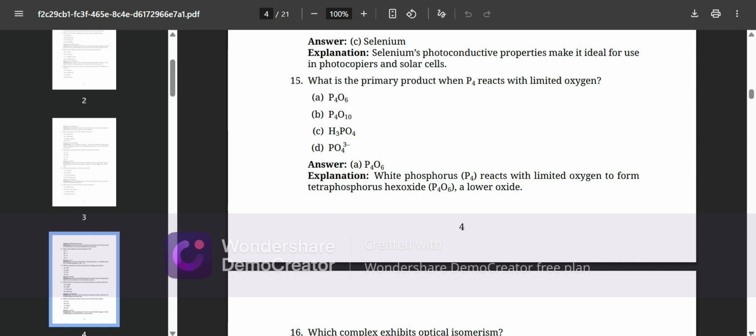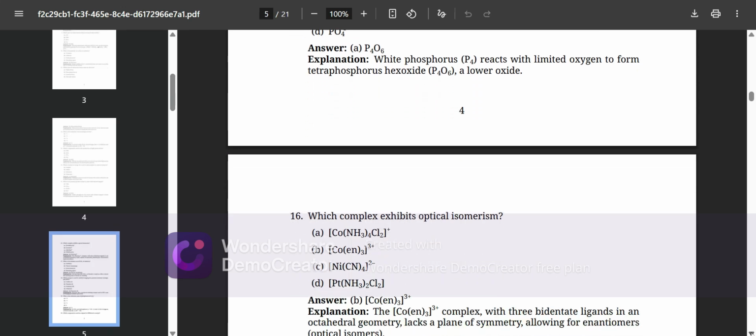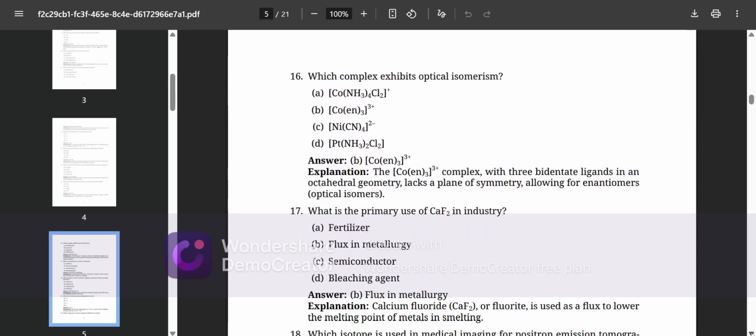What is the primary product when P4 reacts with limited oxygen? P4O6. White phosphorus, P4, reacts with limited oxygen to form tetraphosphorus hexoxide, P4O6, a lower oxide. Which complex exhibits optical isomerism?